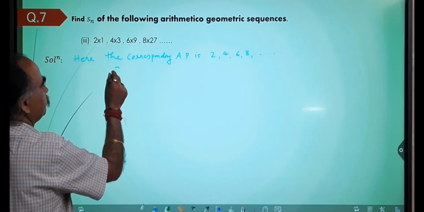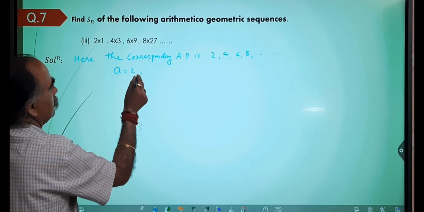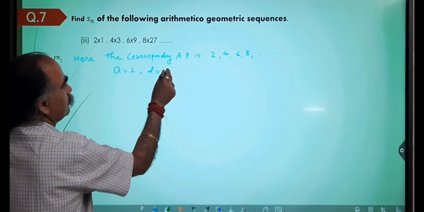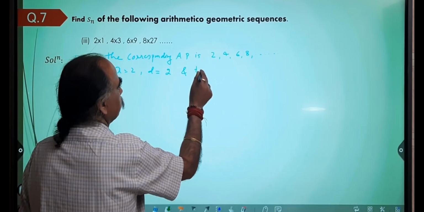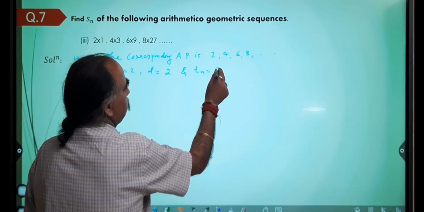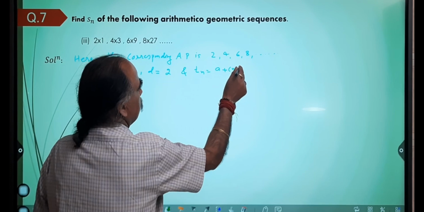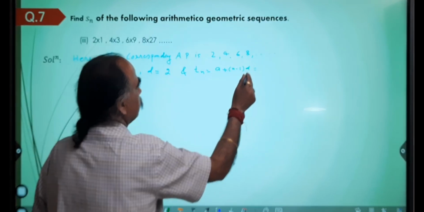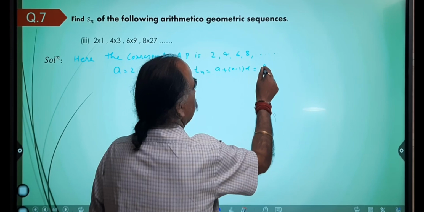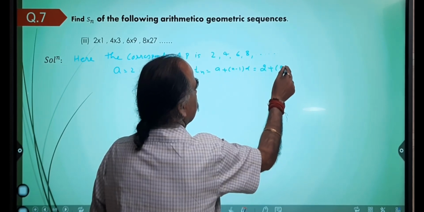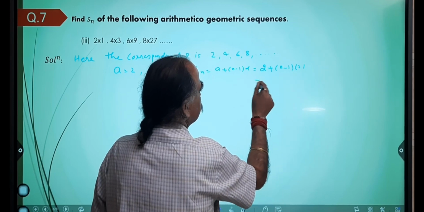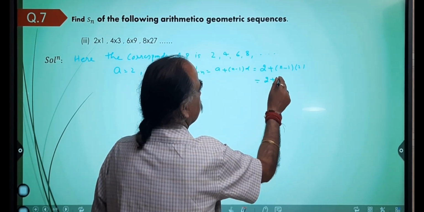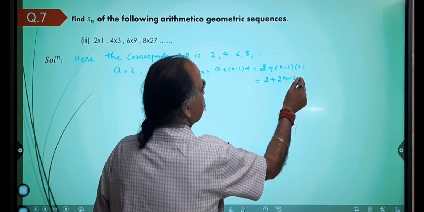Therefore, first term A is 2. Common difference D is 2. And Tn, the nth term, is A plus n minus 1 into D, 2 plus n minus 1 into 2, will give you 2 plus 2n minus 2, which is 2n.